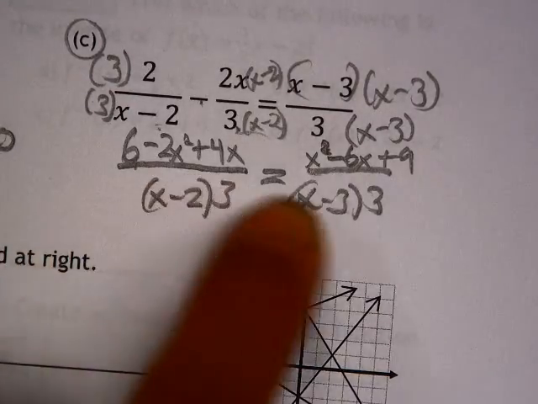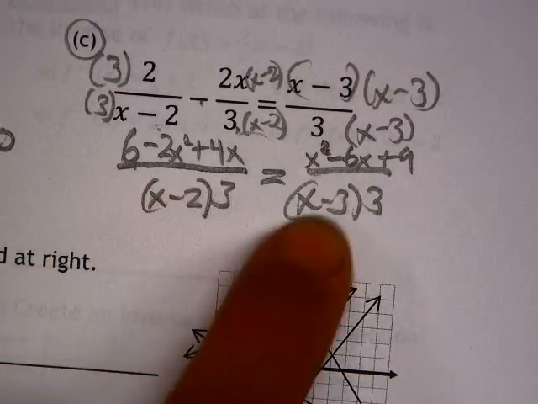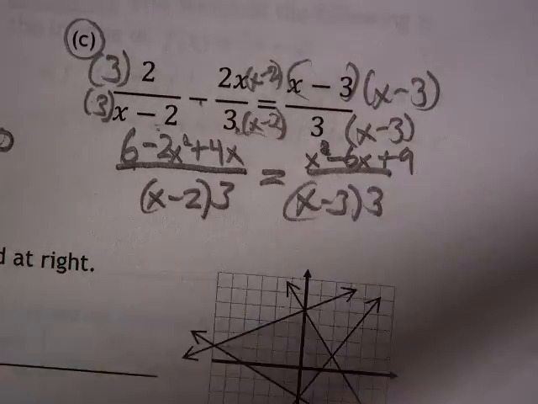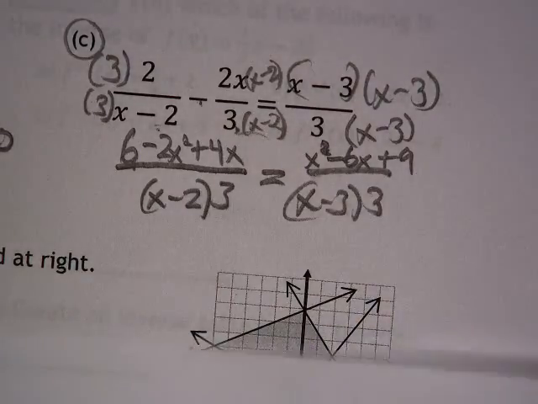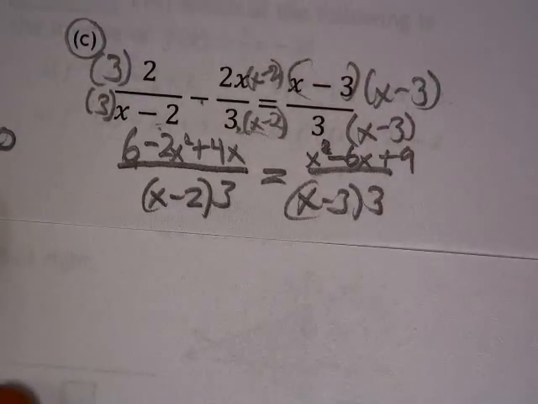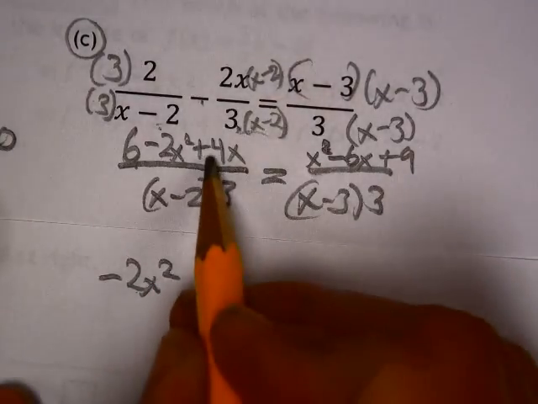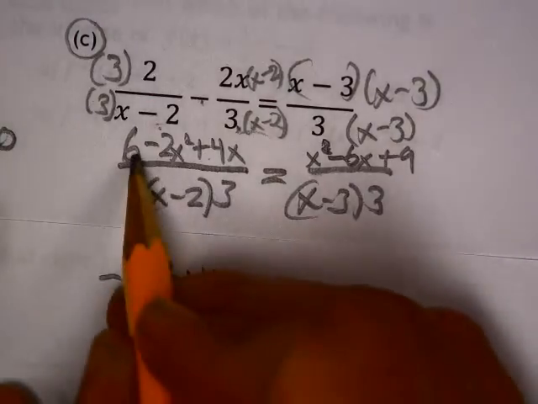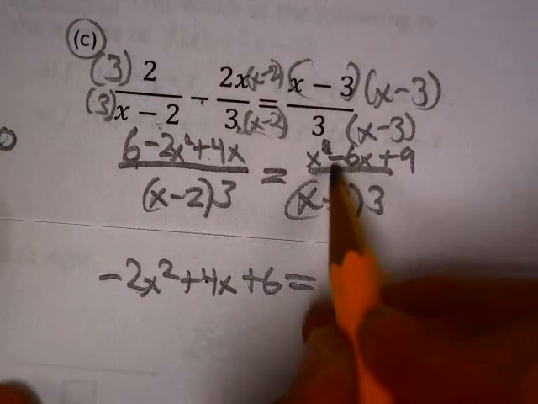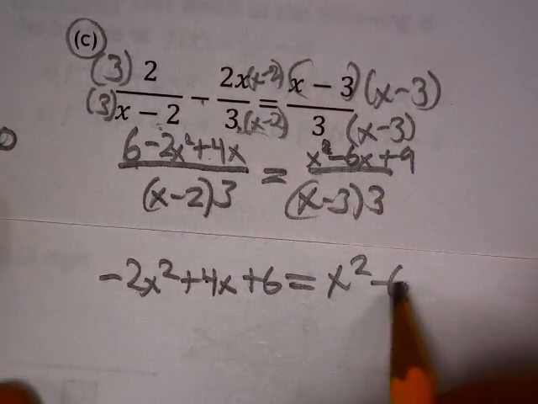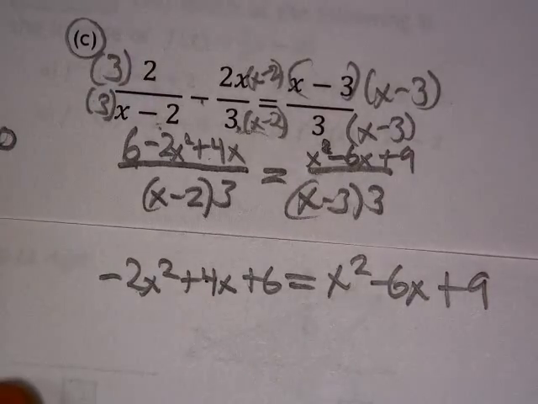Since I now have the denominators the same, I can just set the numerators equal to each other. So I'll start with the minus 2x squared plus 4x plus 6 equals x squared minus 6x plus 9.